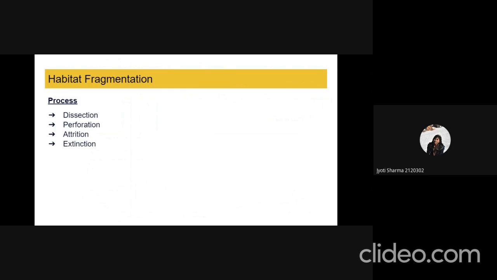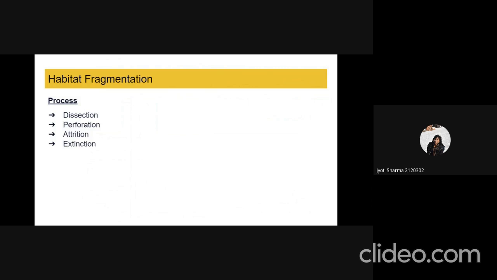Dissection means we are creating, let's say, a road in between that forest. Okay, so this is dissection. Perforation is making more holes in that forest area, because there is a road. It may happen that an unemployed person thinks there is no shop here, so he should construct a shop and sell something so that he can earn.